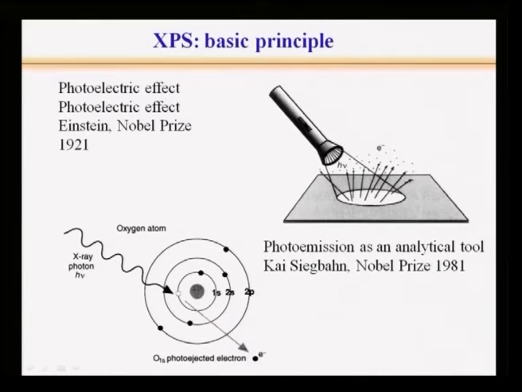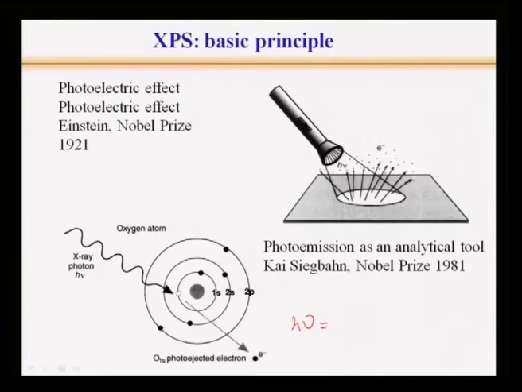Obviously it has been knocked out from this shell because the X-rays which have fallen on it have higher energy than the binding energy of the electron, otherwise it cannot knock it out. So it has been knocked out, and also it has been given certain kinetic energy. So h nu must be equal to the binding energy of the electron plus the kinetic energy, right? That is the energy balance.